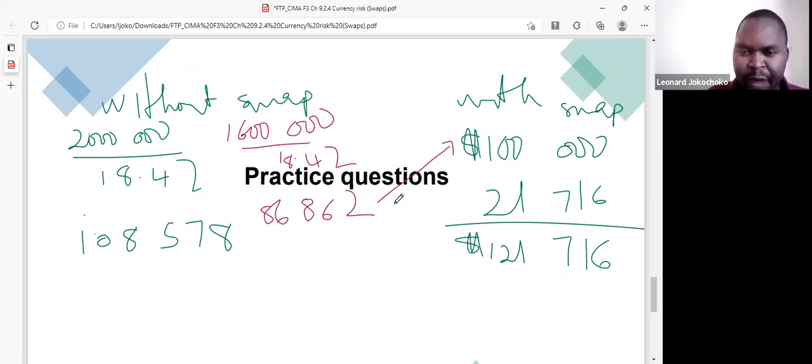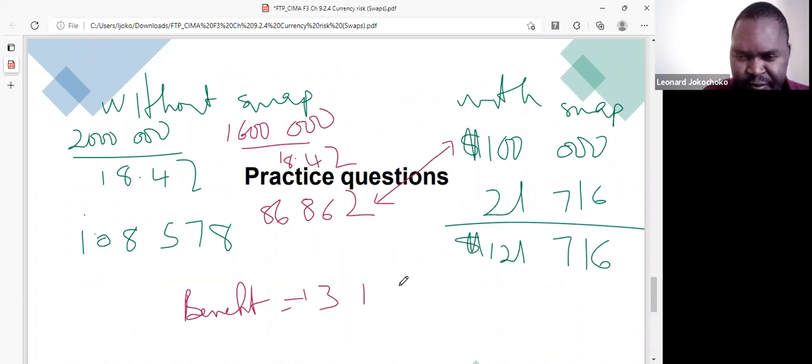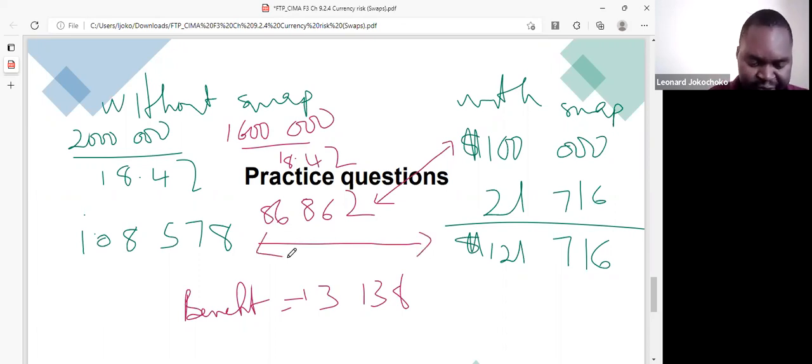The swap saved them the difference there. So the benefit of the swap is equal to 100,000 minus 86,862, which is 13,138. You can also find the value of the swap by just comparing these two figures: 121,716 minus 108,578.